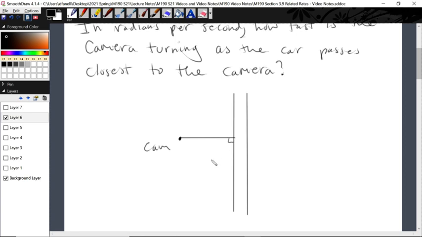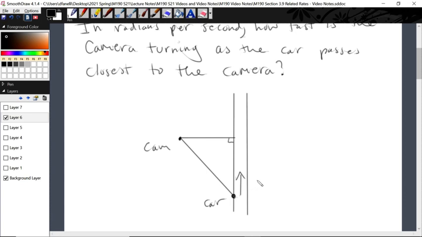So that's the closest. If I want this camera rotating in the positive direction, let's say the car is right here, and that the car is traveling north.